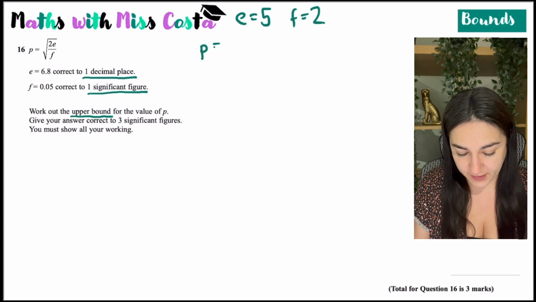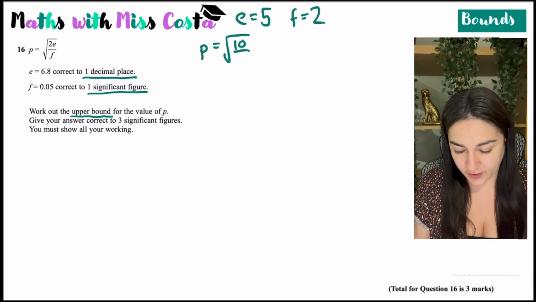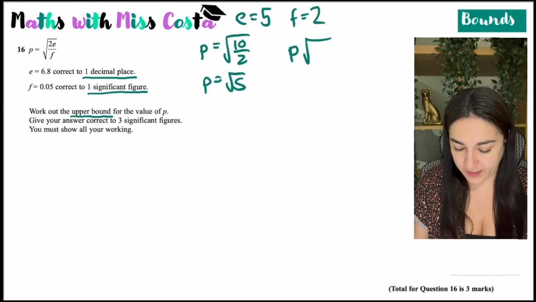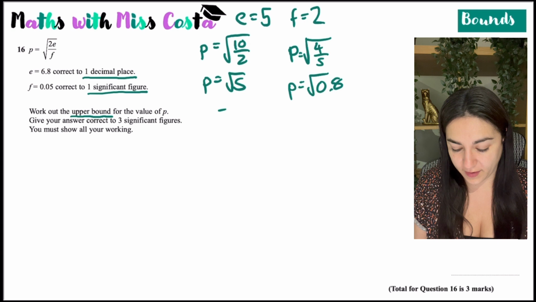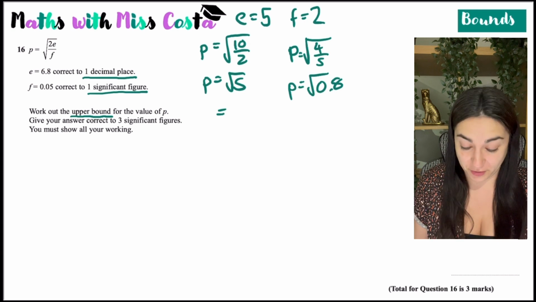So P would be the square root of 10 over 2, so P would be the square root of 5. Or if we reversed that, P would be 4 over 5, or the square root of 0.8.